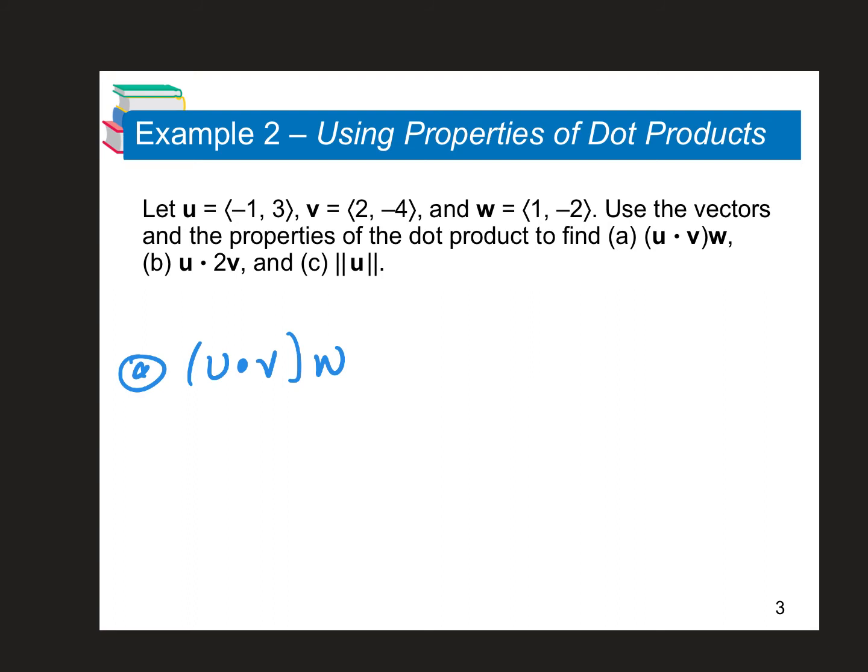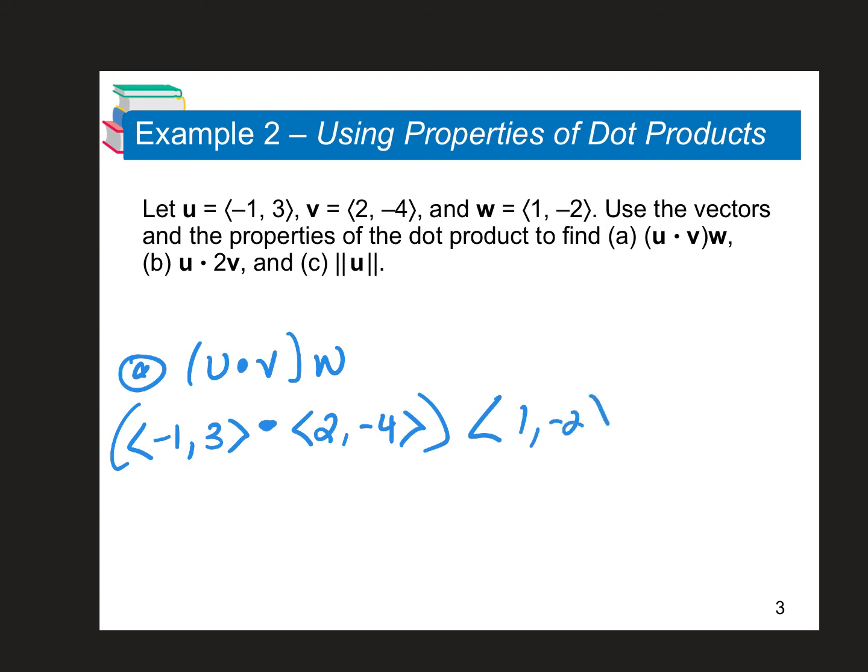So the first thing I'm going to find is the dot product between U and V. So U is negative 1, 3, and V is 2, negative 4, correct? And then I'm going to multiply whatever that is by vector W, which is 1, negative 2.